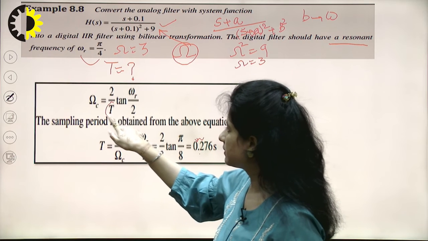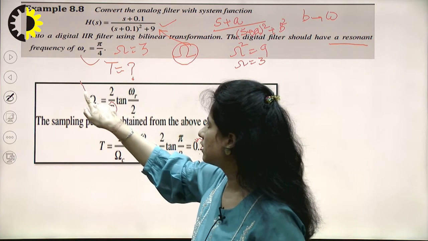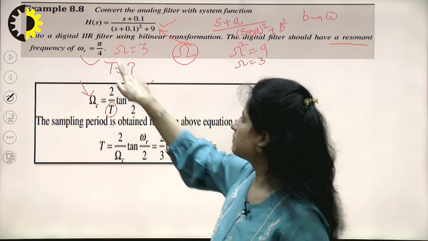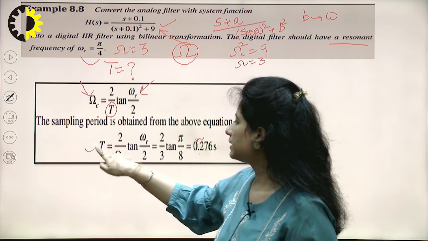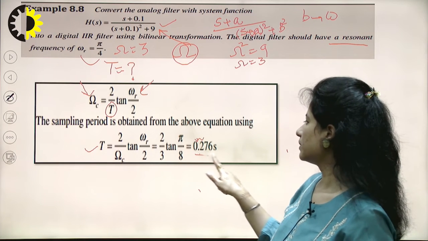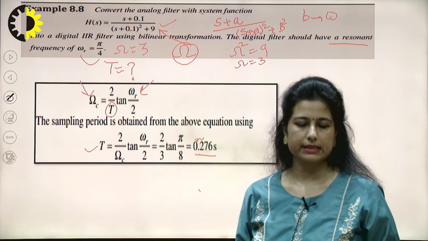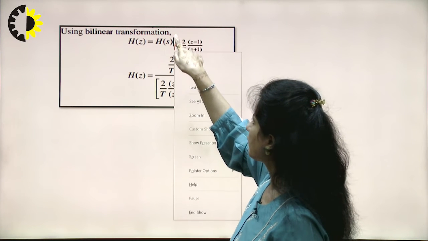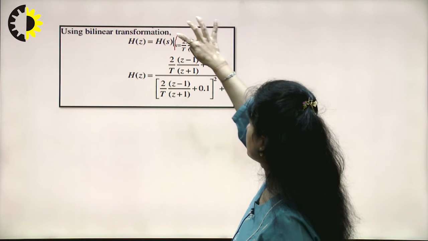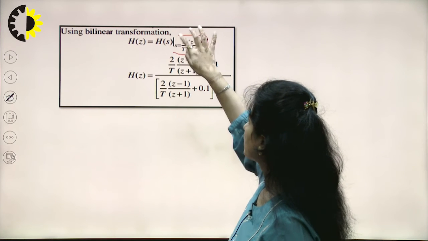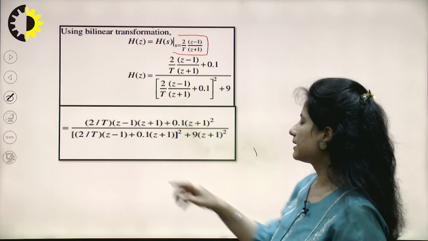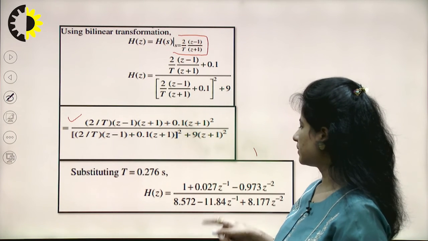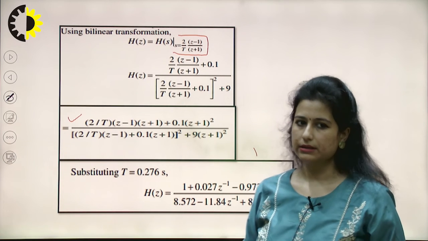The unknown factor is T. Substitute omega C, which is 3 here, and omega D, which is given as pi by 4 here, and calculate the value of T, which comes out to be 0.276 second. After that, I have a direct substitution of S into the given transfer function. With simplification of this standard expression, I can see that this is the final digital system representation after bilinear transformation.